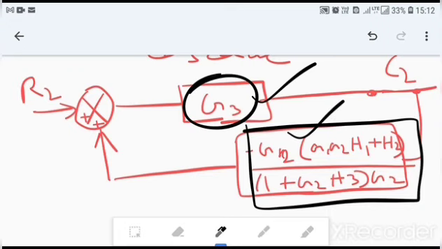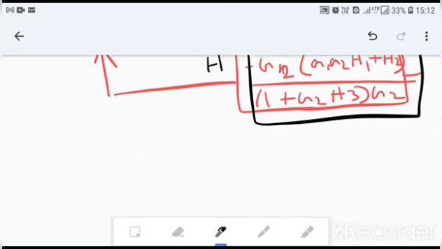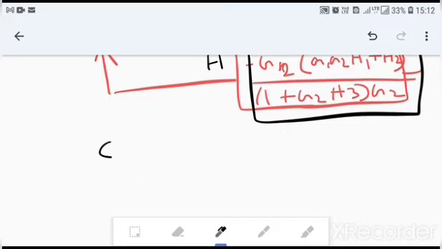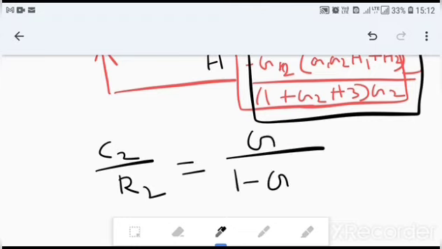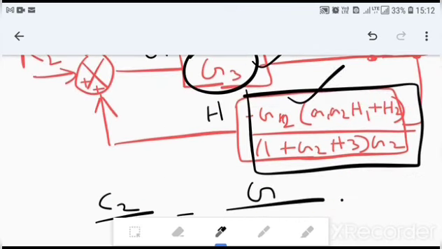So suppose we take it as G and it is H, since it is in positive feedback, we get C2 by R2 as G by 1 minus GH, where our G is G3 and H is this big one, that is minus G2 into G1 G2 H1 plus H2 by 1 plus G2 H3 into G2.